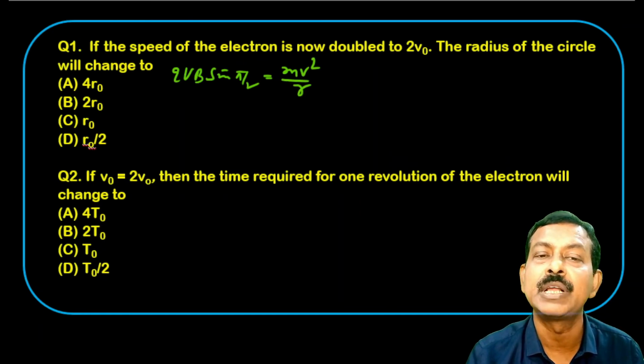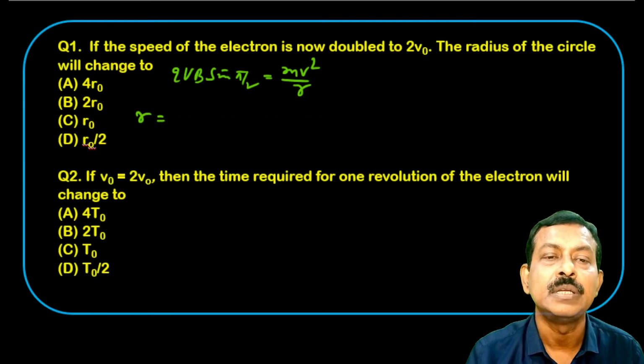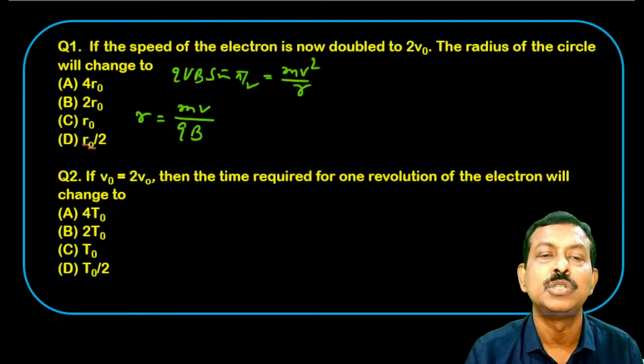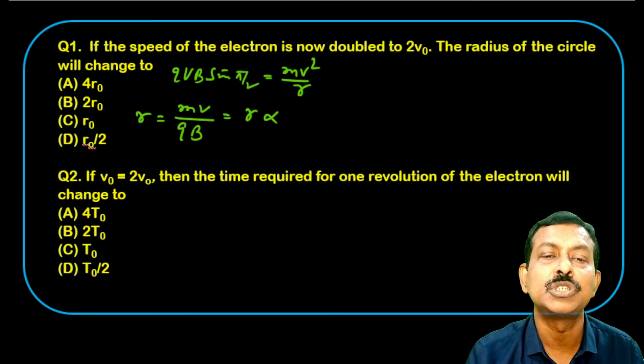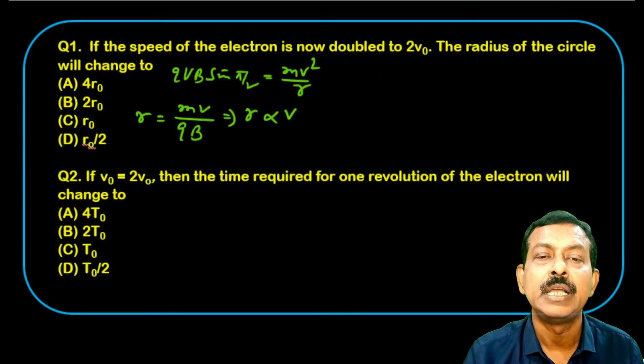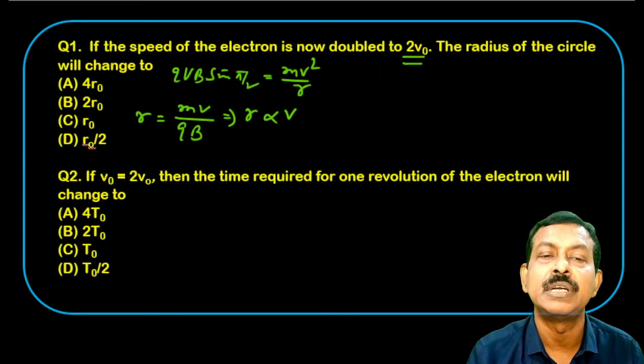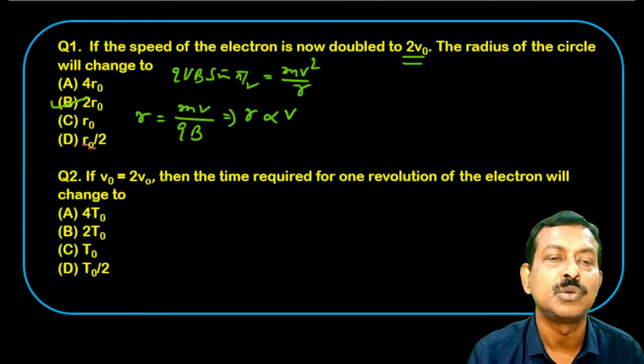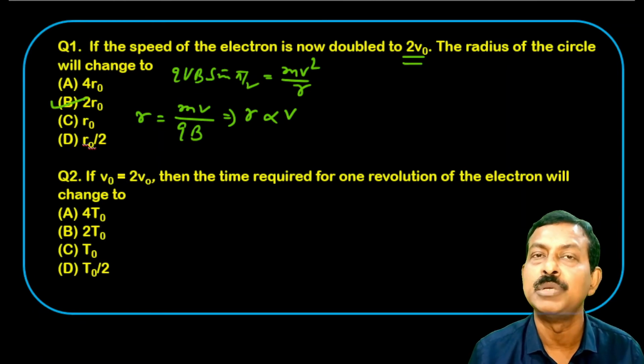So here v will get cancelled, so that means r is equal to mv by qB. So you can see that r will be proportional to v. So here, if the velocity is doubled, definitely the radius will also change. That means the radius will become double. So the second one will be the correct option there.